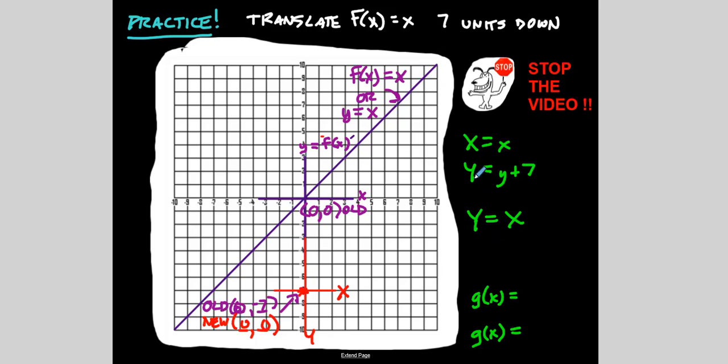Okay, so now substituting in for big Y, I get y plus 7 equals x. Subtract 7 from both sides, I get y equals x minus 7. So that's one way to write the new function.